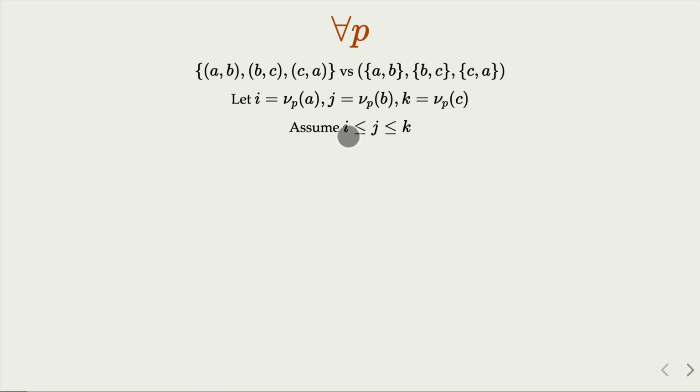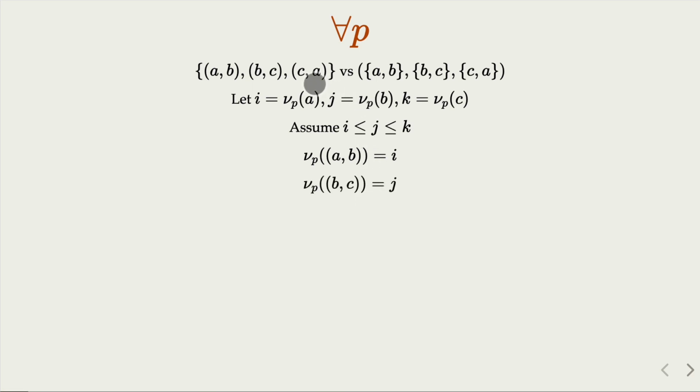So with that, we're going to consider, for this prime p, what is the value on the left-hand side versus the right-hand side. Now for A and B, the GCD is going to take the smaller value, so that is i. I is the smallest, right? So for the GCD of AB, you take the smaller value. For BC, you take the smaller value, that is j versus k. Of course, that would be j.